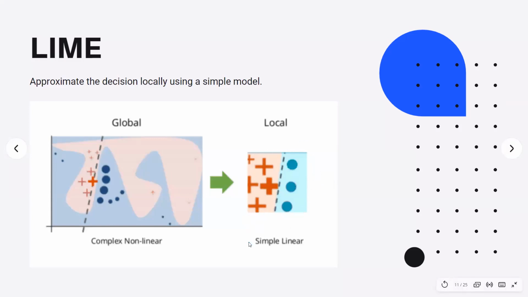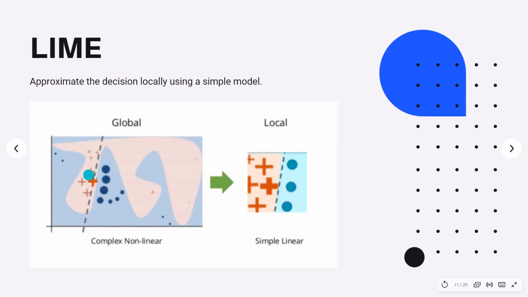And this, in many cases, is very doable, because it doesn't matter how non-linear your model is. If you zoom in close enough, you're always going to find a decision boundary that is kind of linear. So that's where the idea comes from: we can approximate any complex non-linear model on a very local area using a simple linear or interpretable model.